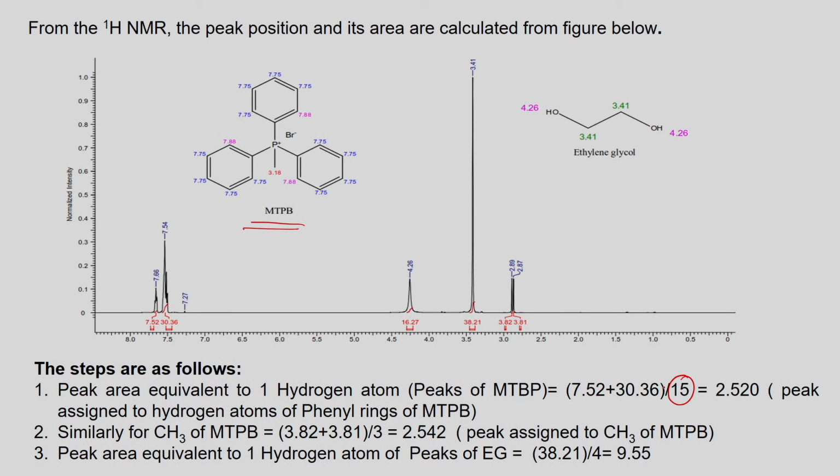Take this, and take this. So, the total is 1, 2, 3, 4, 5, then 5, then 5. So, 15. The total 15 hydrogen atoms of this salt give an area.